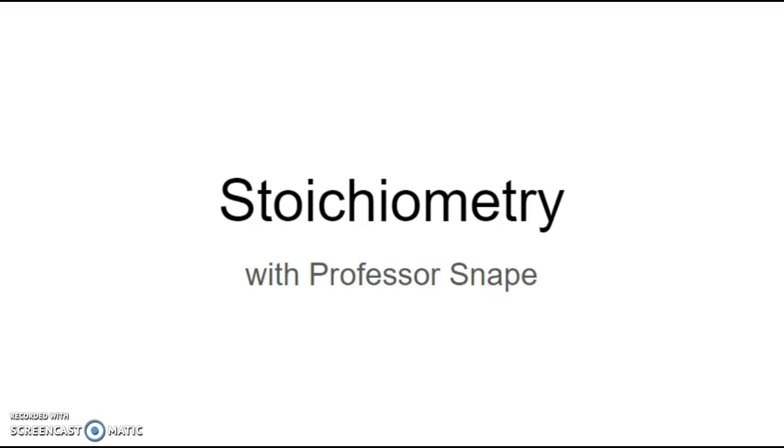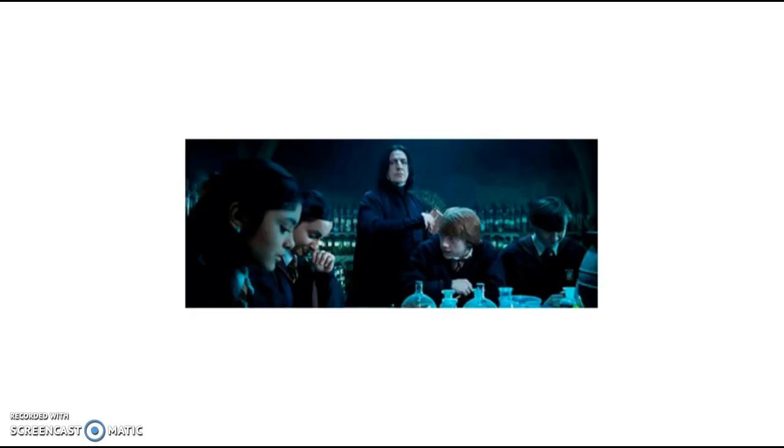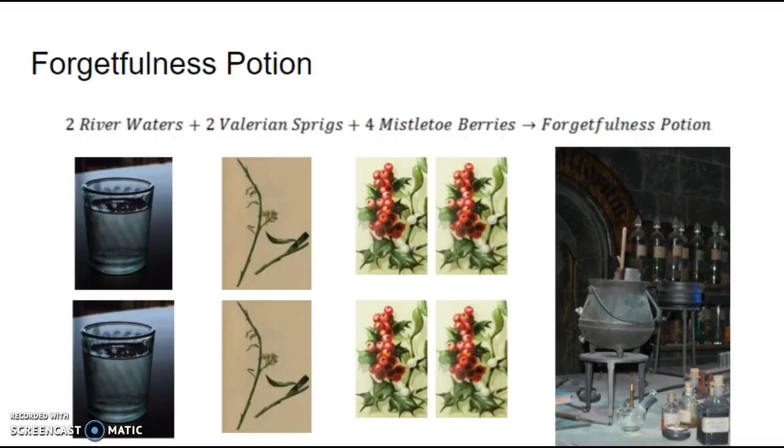So the other day I was in the classroom, potions class of course, with Professor Snape, and he was requiring us to make a forgetfulness potion. And the ingredients call for 2 cups of river water, 2 valerian sprigs, 4 mistletoe berries, and that all makes 1 serving of forgetfulness potion.